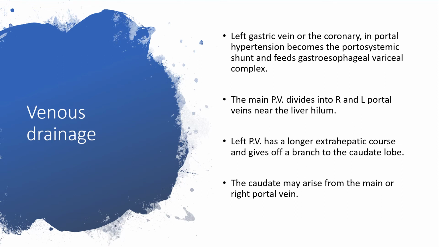Still on venous drainage, the left gastric vein or the coronary vein in portal hypertension becomes the portosystemic shunt and feeds the gastroesophageal variceal complex. This explains why hepatic pathology like liver cirrhosis with portal hypertension could give esophageal varices and hematemesis, and so on.